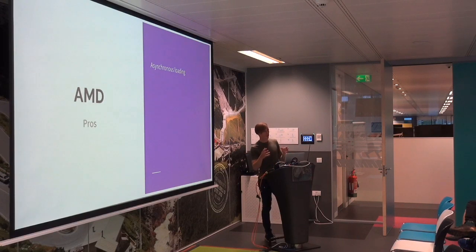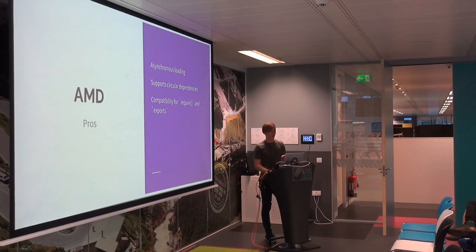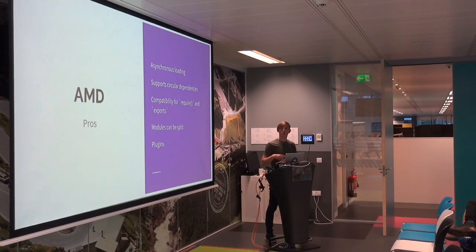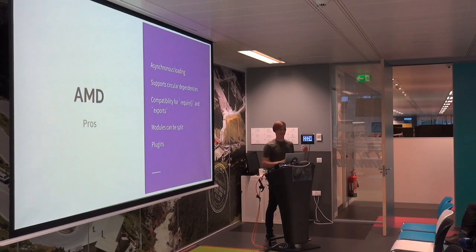It utilizes two stages of JavaScript being loaded: one is parsing, and another is loading. It supports circular dependencies as well. Compatibility for require and exports, so modules can be split, and plugins. When I was talking about compatibility with require and exports, plugins allow you to use CommonJS and AMD. Doing it the other way around is really hard.